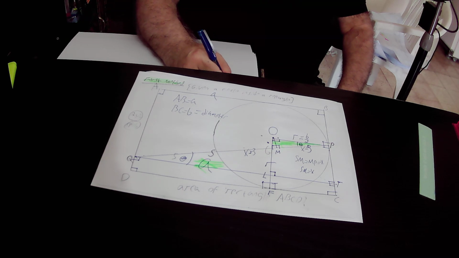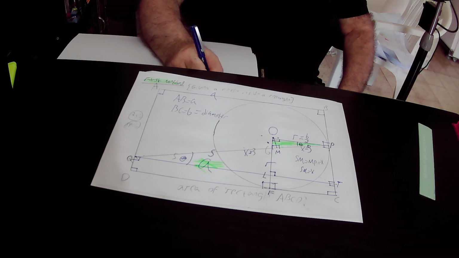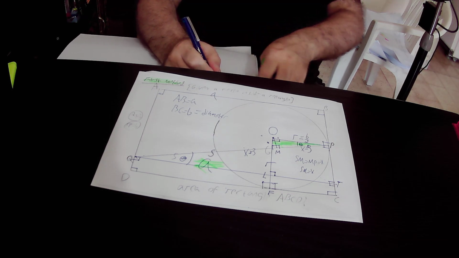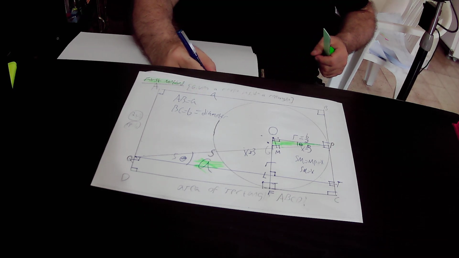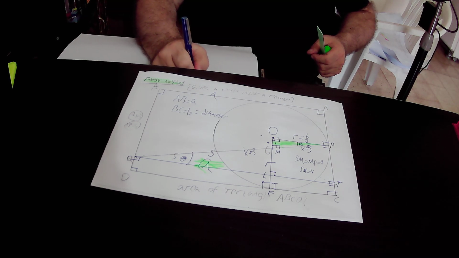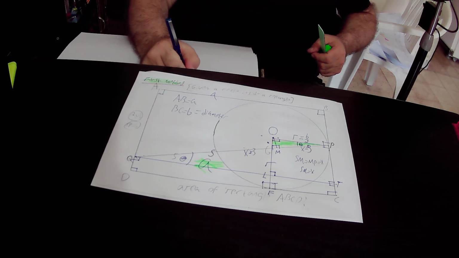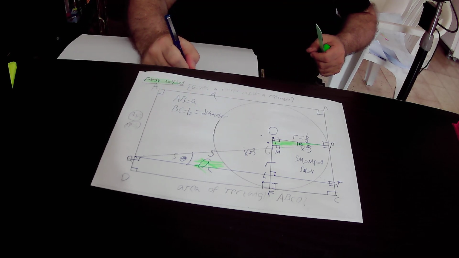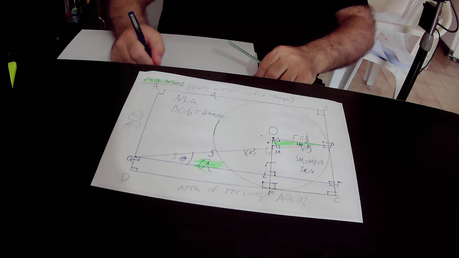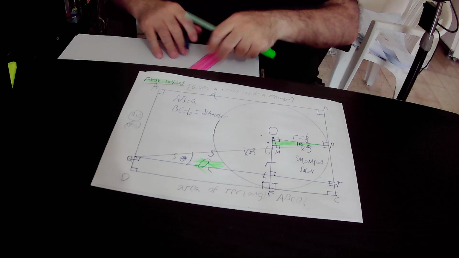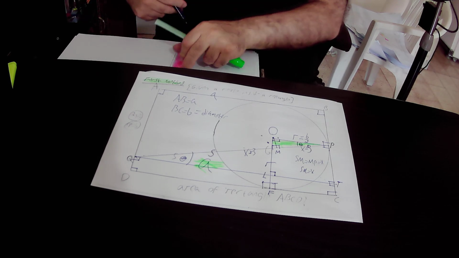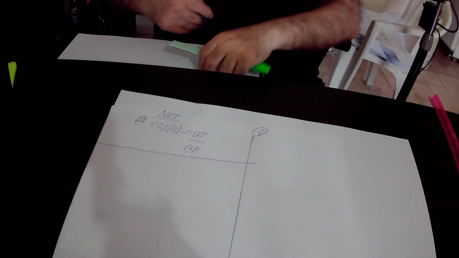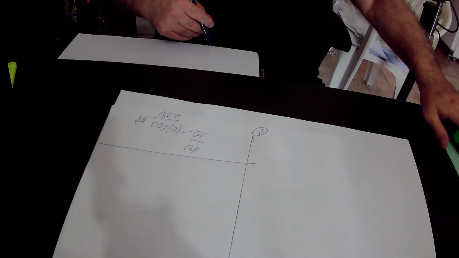It's very easy to see from the drawing that in the right big triangle, triangle QTP, cosine theta equals QT over QP.